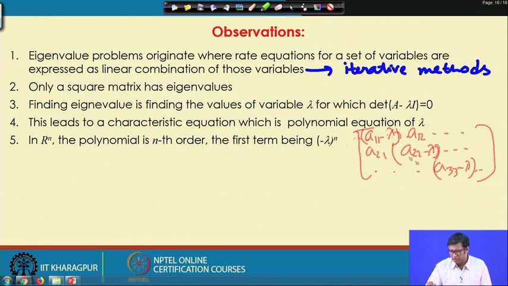So, when we try to find the determinant, we will get a term minus lambda to the power n, which is the first term of the polynomial equation.